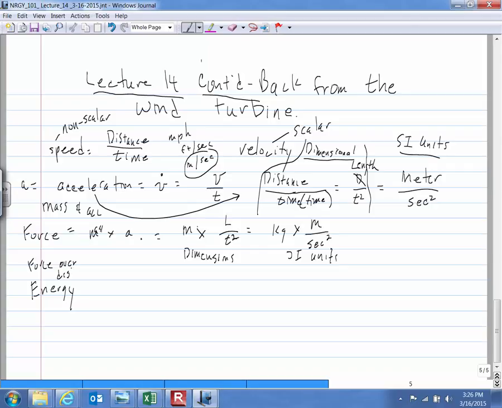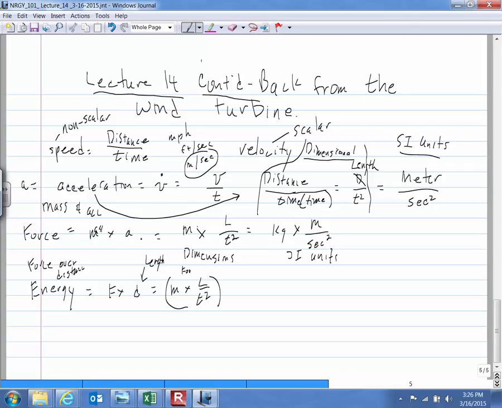The formula would be force times distance. And the dimension of distance is length, right? Again, force, we just set up here, is mass times length over time squared. So that's force.